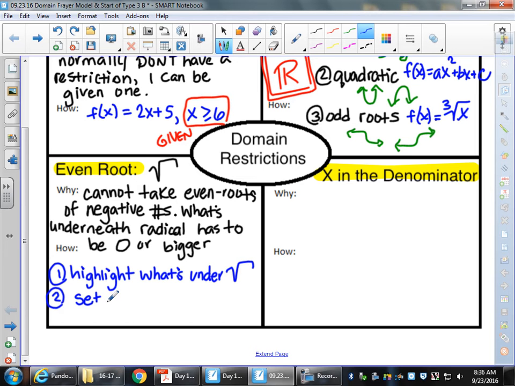Okay, so let's write a little more then. Set what's under the radical. We used an inequality here. What inequality represents 0 or bigger? Greater than or equal to 0, and solve.